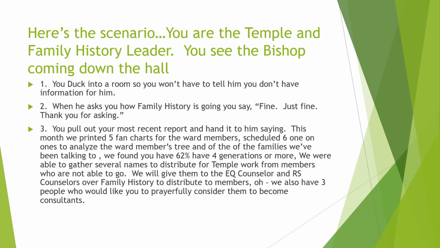We were able to gather several names to distribute to the temple for temple work from members who are not able to go. We will give them to the EQ counselor and Relief Society counselors over family history to distribute to the members. Oh, and we also have 3 people that we'd like you to prayerfully consider for becoming consultants. Wouldn't you look like a superstar?